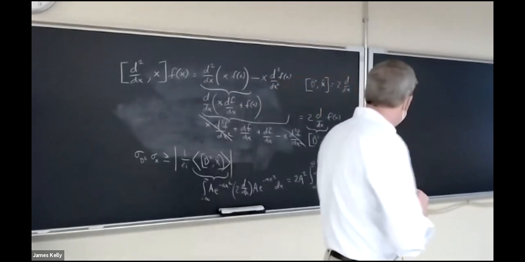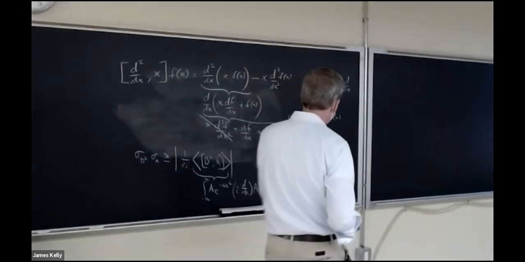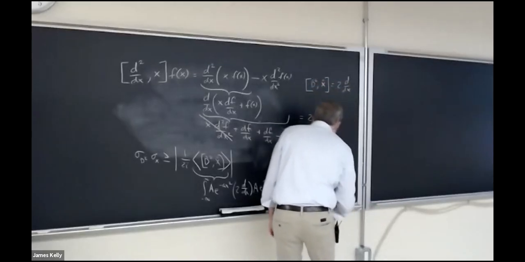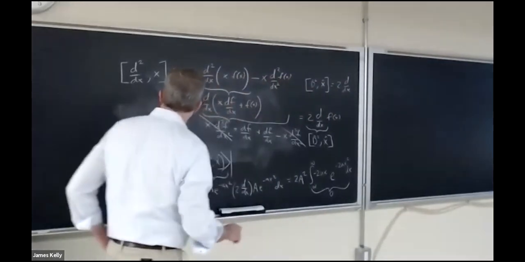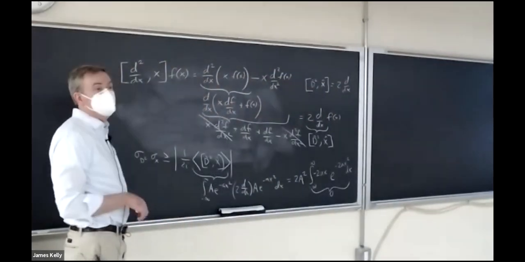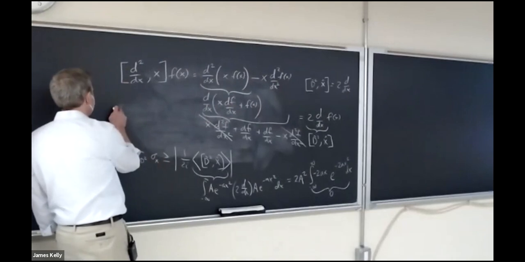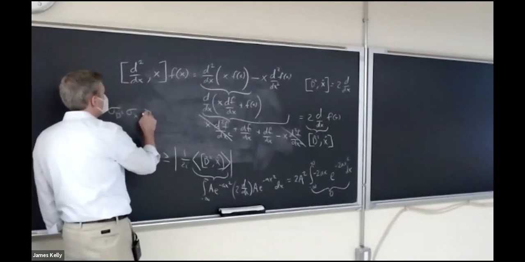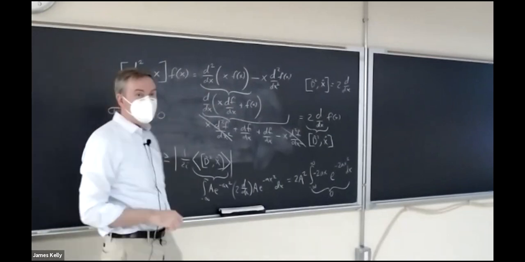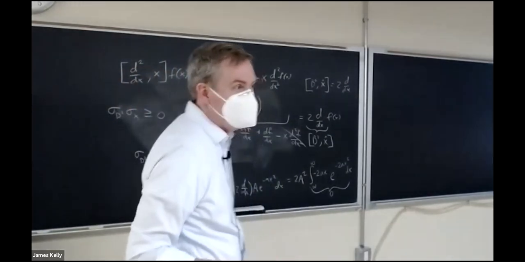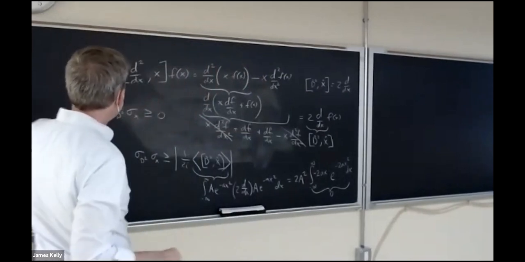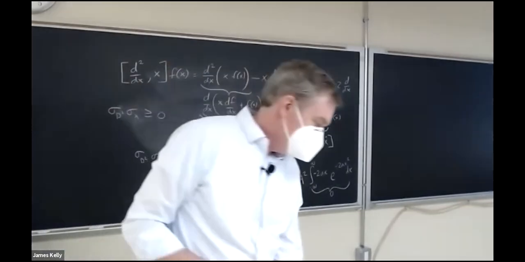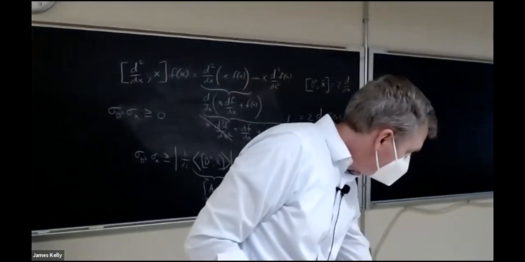So this integral from minus infinity to infinity is 0. Okay, so we get something that you should regard as not interesting. We've just found out that sigma d squared, sigma x has to be greater than or equal to 0. But we knew that before we started. That's always got to be true because those are non-negative. These things can't be negative and they're always real. So nothing much to say right there.